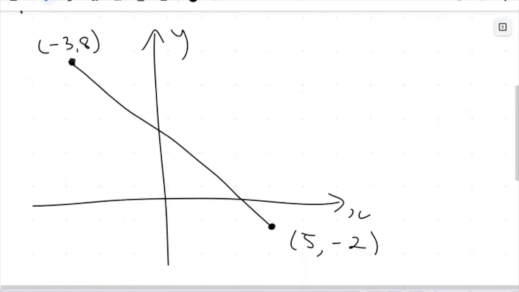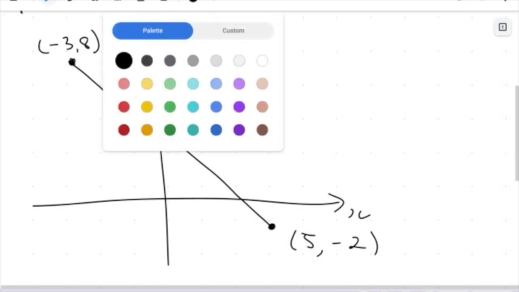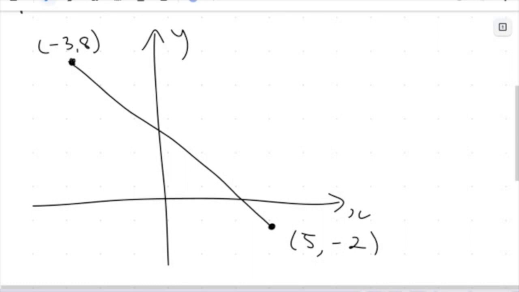Now, I've drawn these on this plane here, and in school you'll be given a lot of different fancy formulas for how to solve this, and I'm going to get to those, but I want to first just get you thinking about the gradient in the easiest possible way.